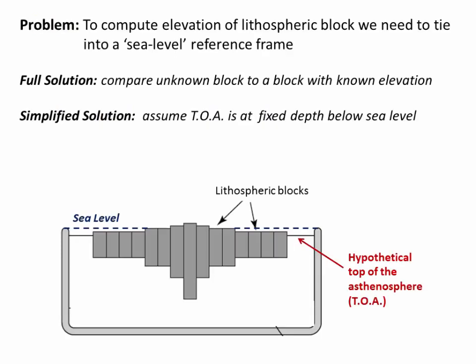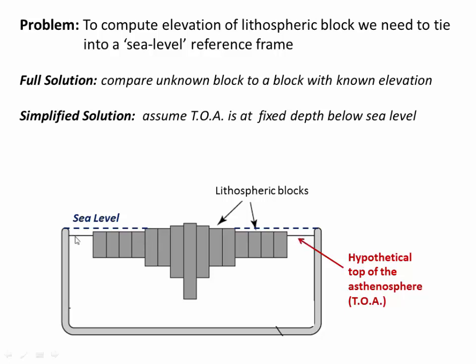So a major problem with computing the elevation of a lithospheric block is that we need a reference frame. We need to ask its elevation with respect to what? And in all these cartoons we've been drawing, we've been showing the lithospheric blocks as floating in this kind of hypothetical top of the asthenosphere, as if they were blocks floating in water.